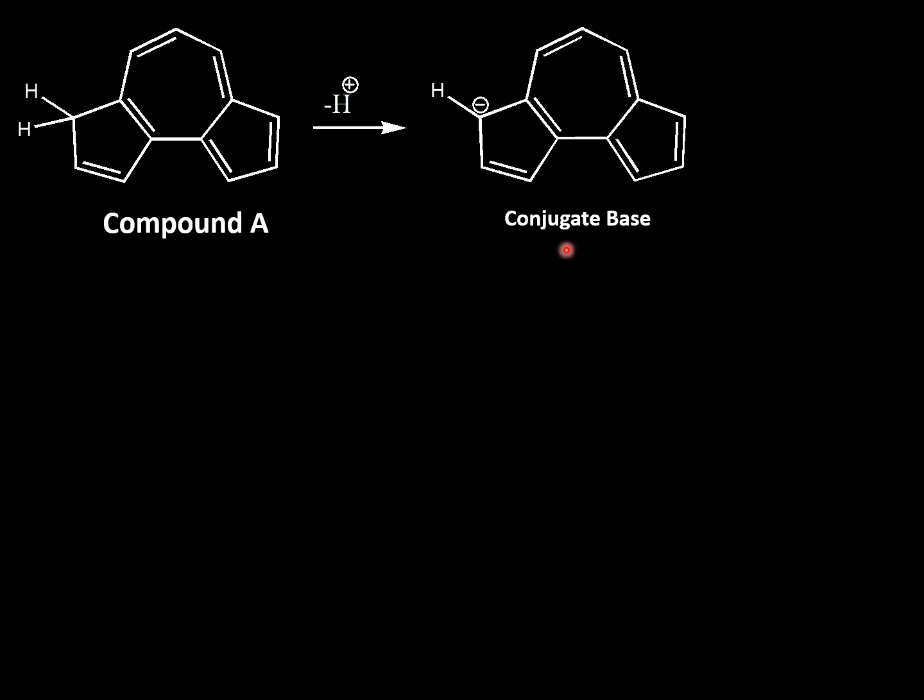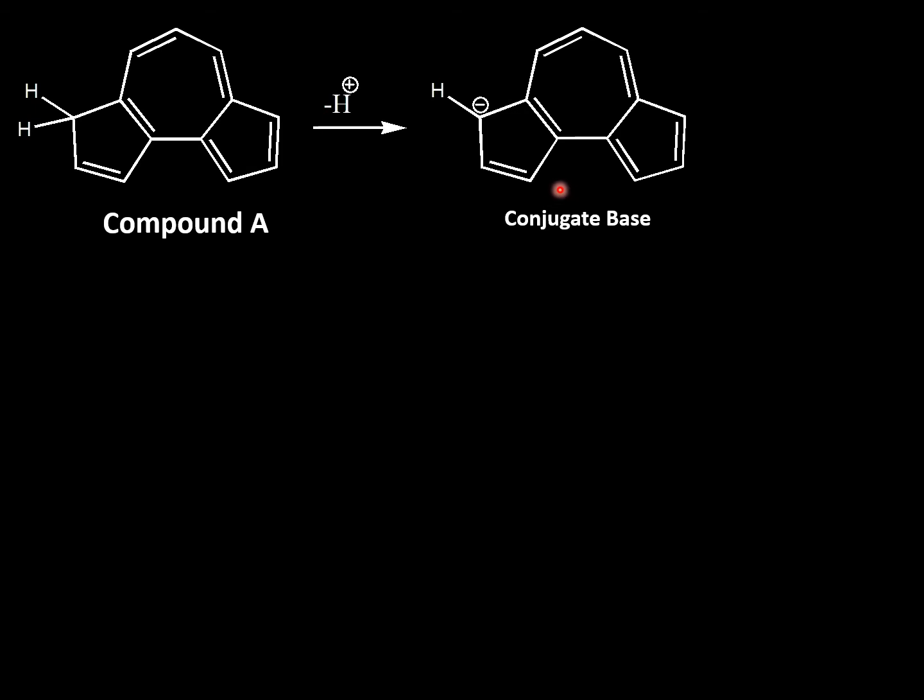If we closely see the structure of the conjugate base, it is composed of two parts. In the first part, you will observe the structure of azulene, while the second involves the cyclopentadiene anion. In my previous video, we have seen how to draw different dipolar resonance structures of azulene.